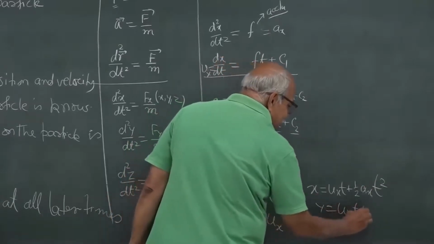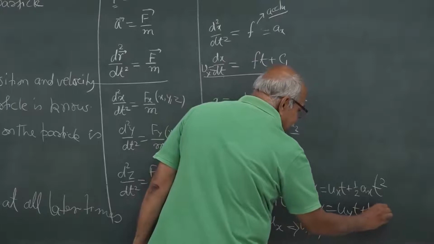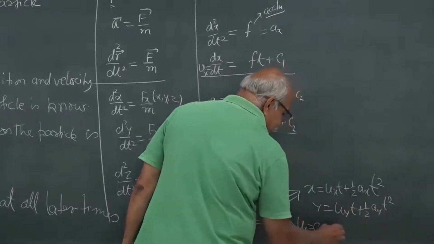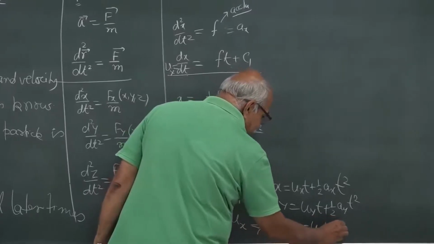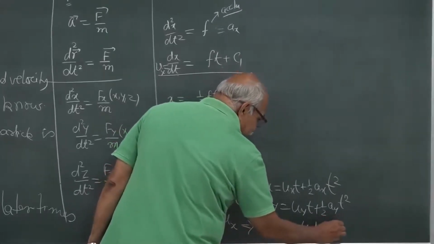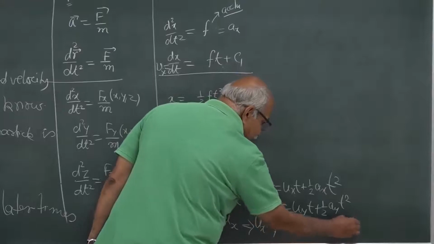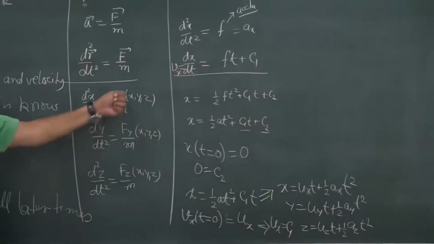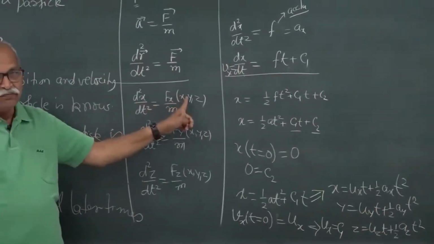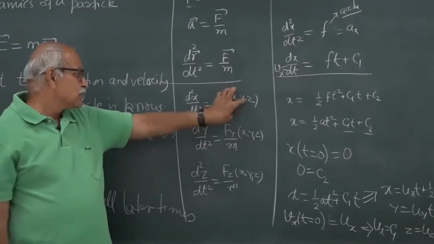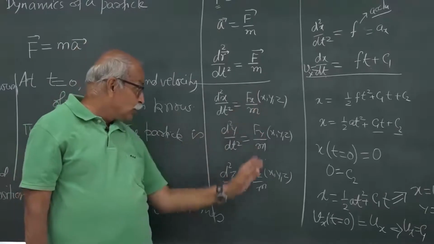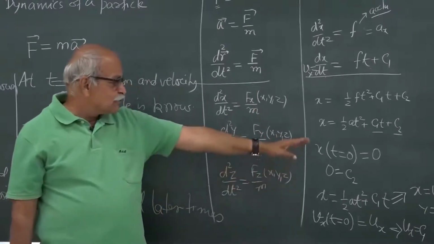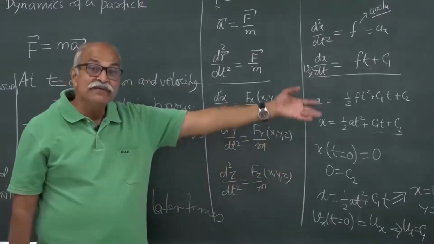So, uyt plus half ayt square and z is equal to uzt plus half azt square. So, if you know the force and force happens to be same at all positions at all time, so this is constant, this is ax, this is ay and this is az, and they are all known, then you can immediately write what is x, y, z at a later time t.